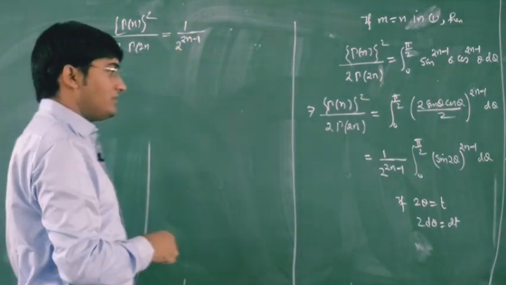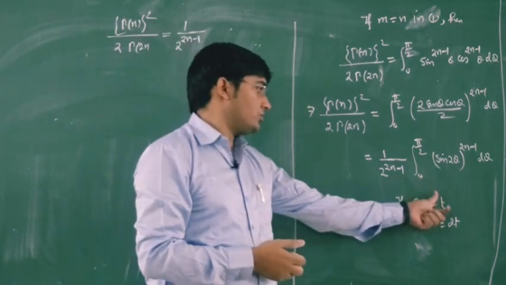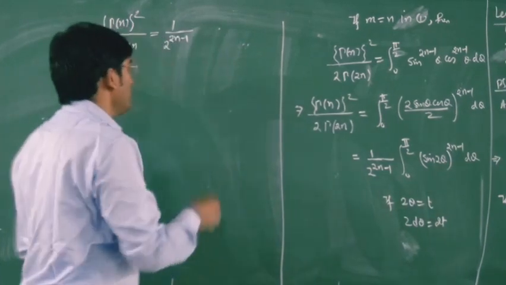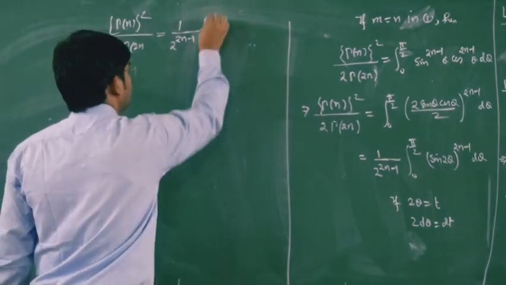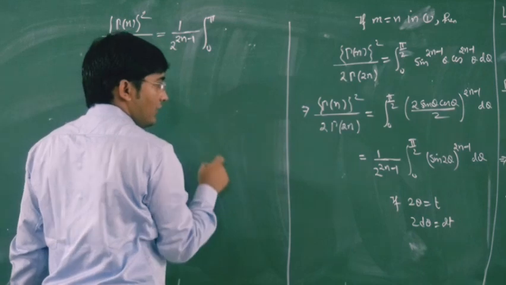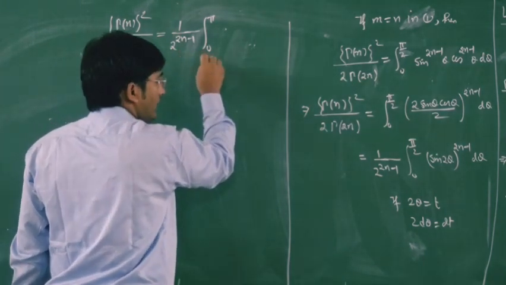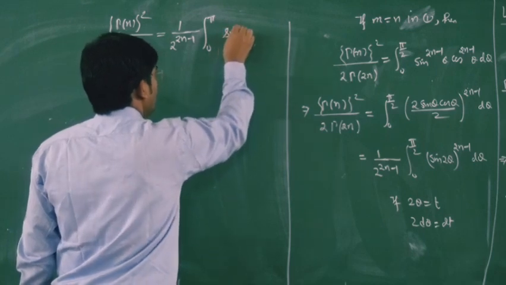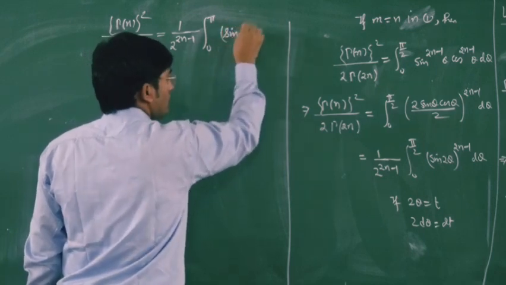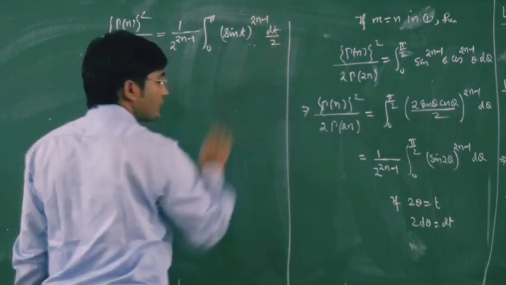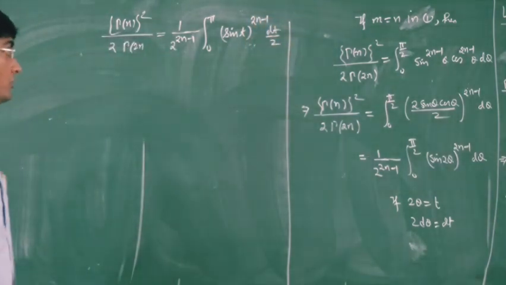Now the limits: if theta is 0, then we have t equal to 0. If theta is pi by 2, then we have t equal to pi. So limits will be from 0 to pi. Now d theta is dt by 2, so we have one more 1 by 2 here, and then in the bracket we will have sine t power 2n minus 1 dt by 2. Your d theta is dt by 2.